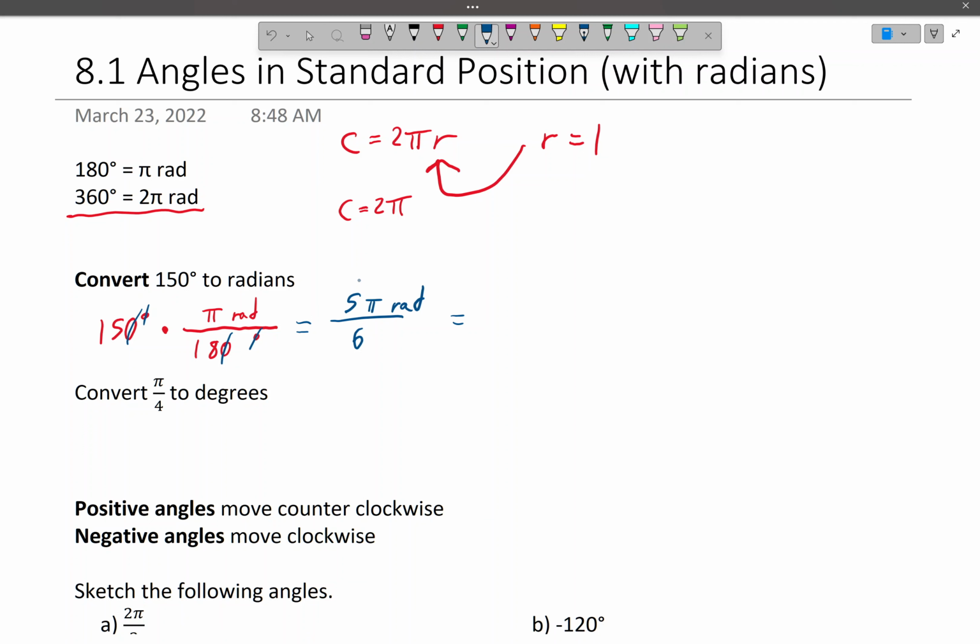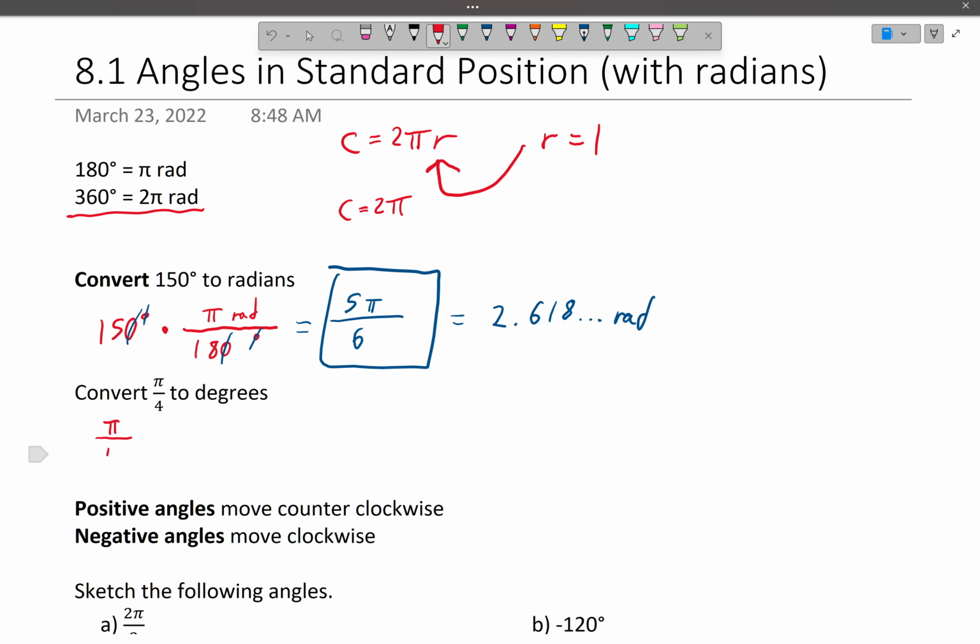Simplifying the fraction in radians is most helpful, but I'm also going to give you the decimal answer here, which is what my calculator shows me. But this is actually the more helpful answer, and again, usually I wouldn't write radians. I wrote it there because it makes the unit cancellation make more sense.